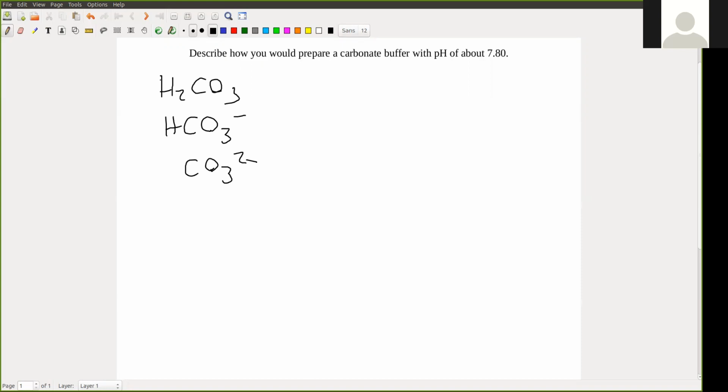In order to do that, we first have to find out what the acid dissociation constants of these species are. So let's investigate. So we have Ka. For our H2CO3, we can get that directly from the book, which would be 4.2 times 10 to the minus 7.